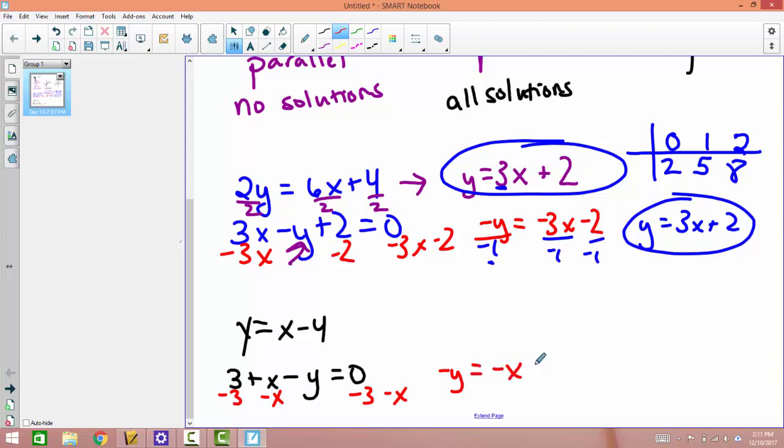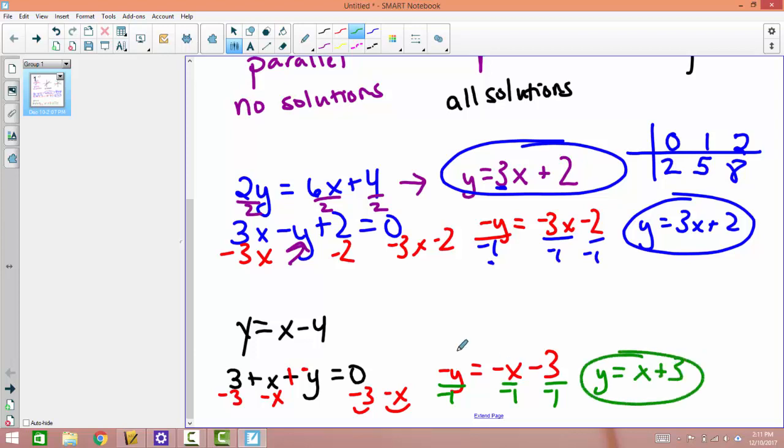I'm going to put the x first for mx plus b. I'm keeping this negative with the x, this negative with the 3, and this negative with the y. If the slashing and dashing helps, that's a great tactic. And then you need to get rid of the negative in front of the y. You can think of that as dividing everything by negative 1 or by multiplying everything by negative 1. So this equation is y equals x plus 3.